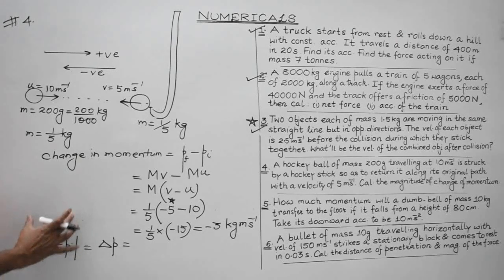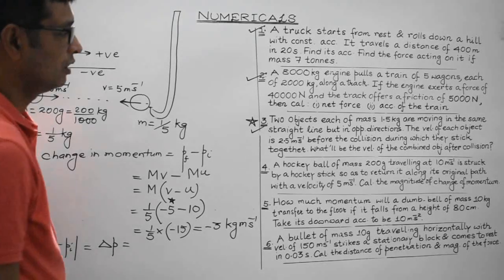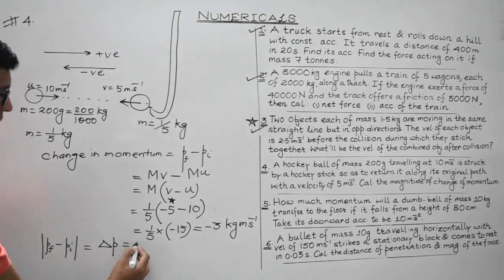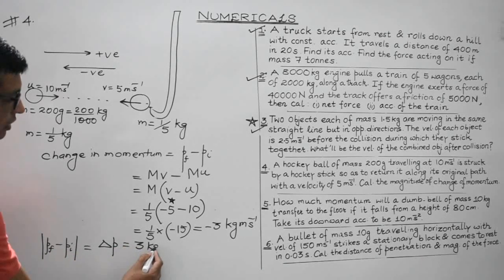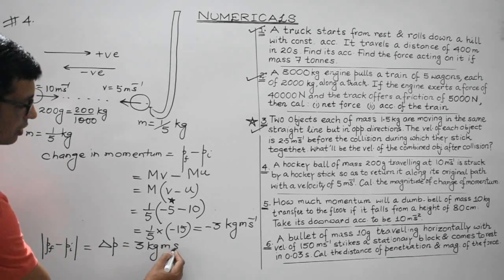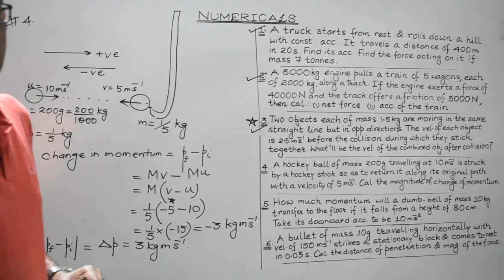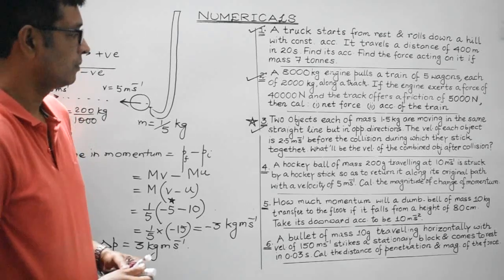This is mod. Mod means magnitude. We are supposed to find out the magnitude. So the magnitude of the change in momentum is 3 kg meter per second. So that's the answer. I hope students you have understood the concept.